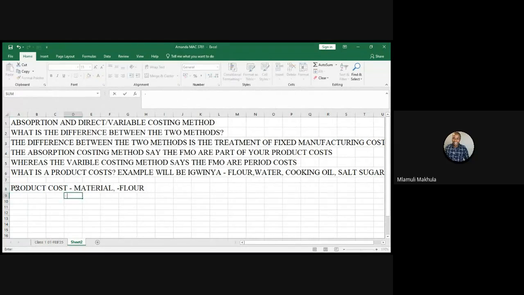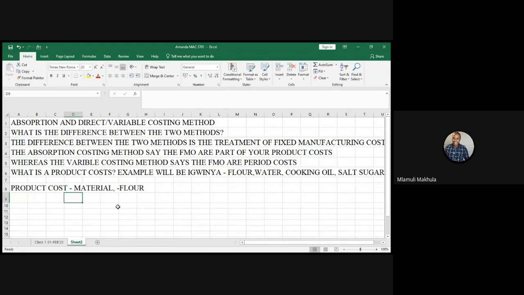It will also include direct labor, in this case the person that is making igwinya.